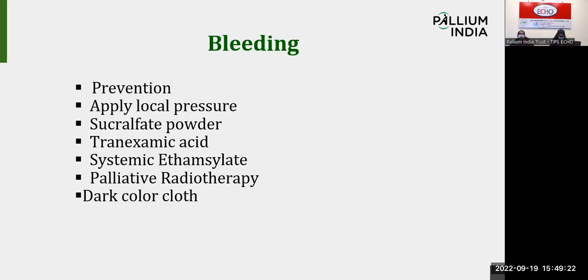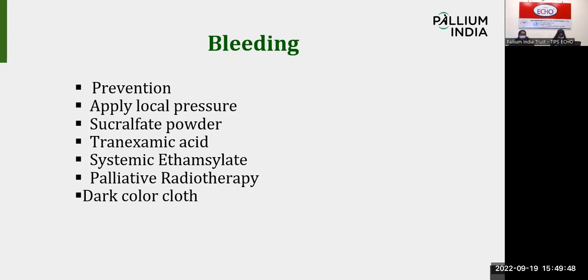And you can tell the caregivers about the management. They should always use dark color clothing. If profuse bleeding happens in their house, they can use dark color cloth for wiping the blood, because that way we can prevent anxiety and panic.